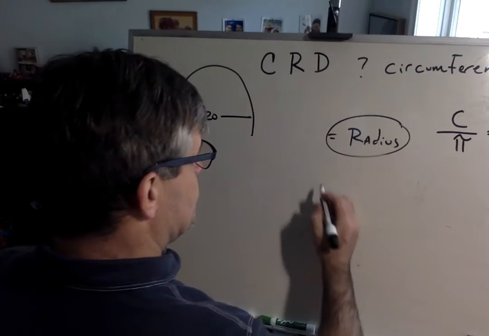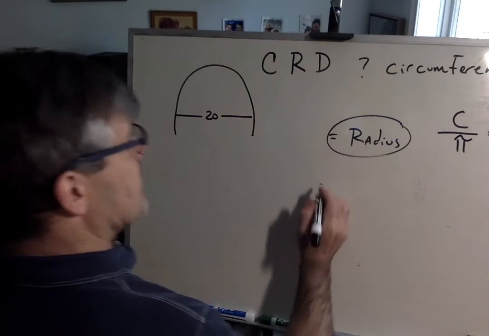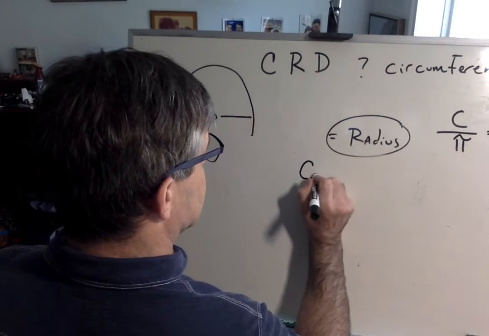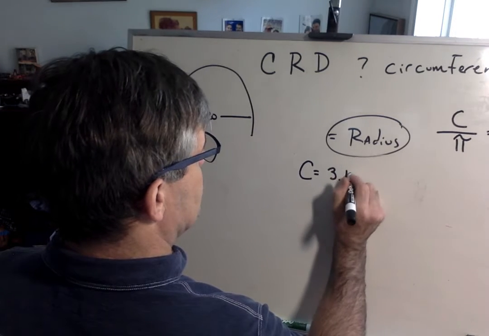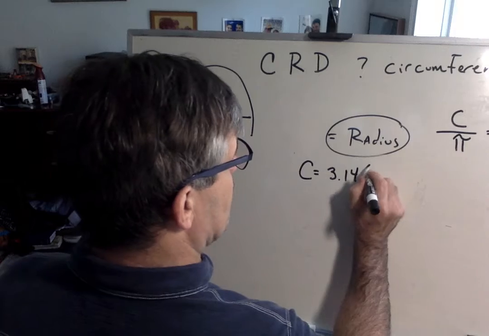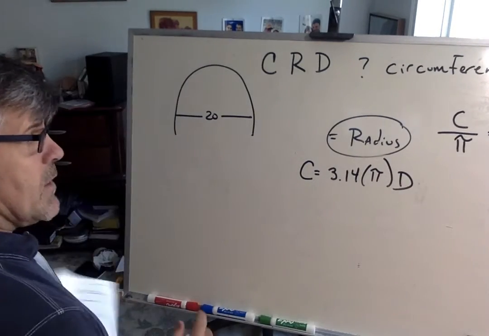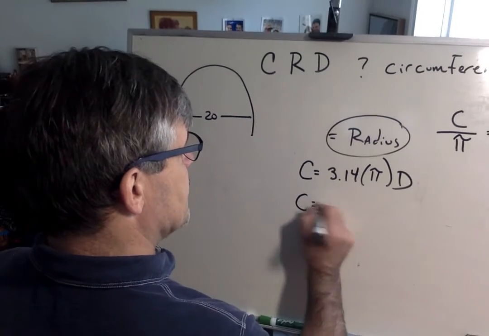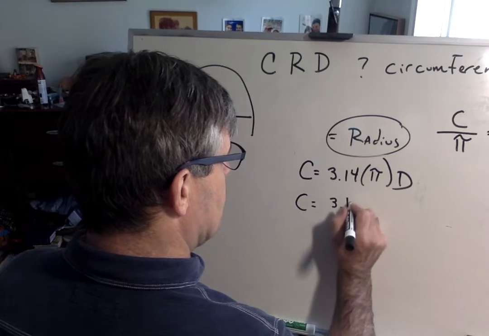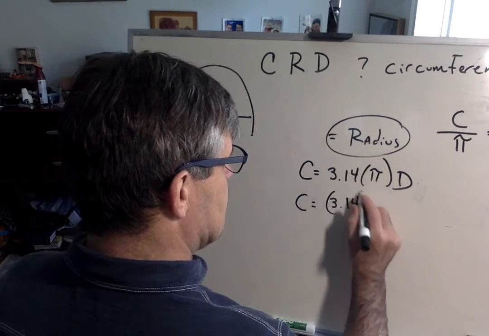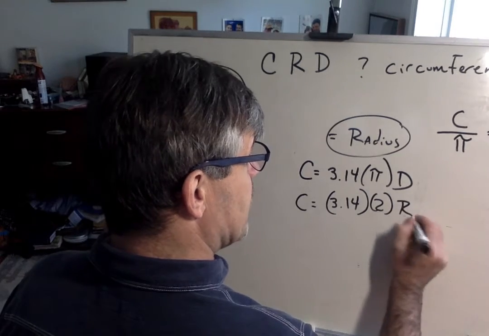Okay, so here we're asking for the circumference. Circumference is equal to 3.14, which is also pi, times diameter. Circumference is equal to 3.14 times 2 times radius.